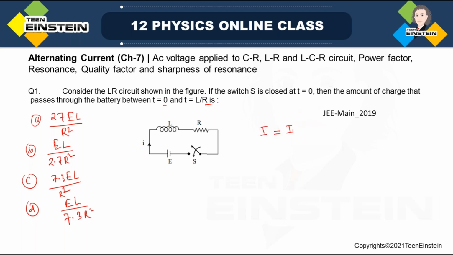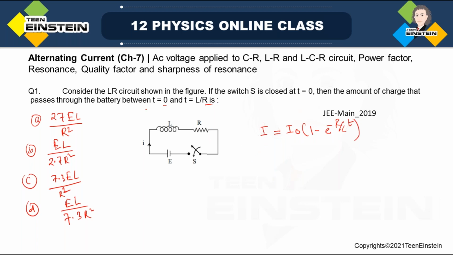It follows an exponential law. So the current in the circuit I is equal to I0 into 1 minus e to the power minus R by L into t. Here t is the time, and R is the resistance.